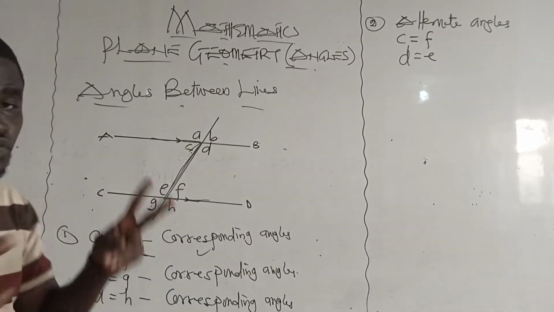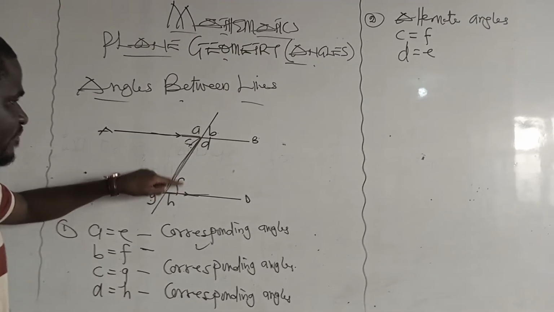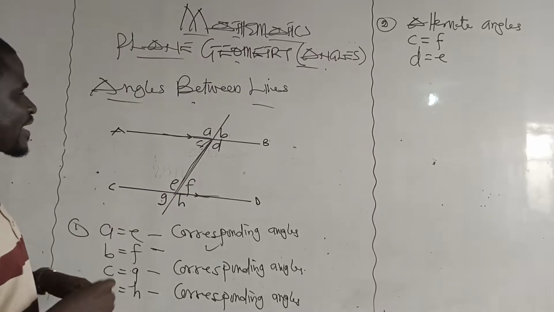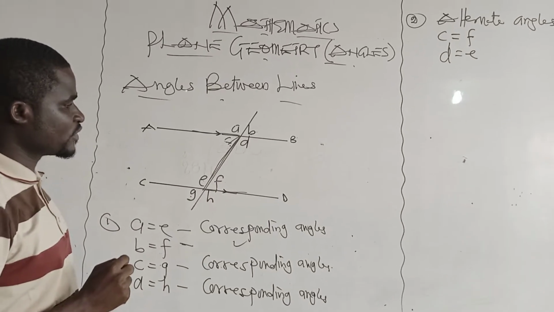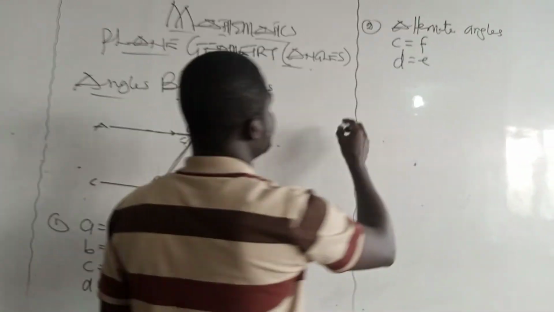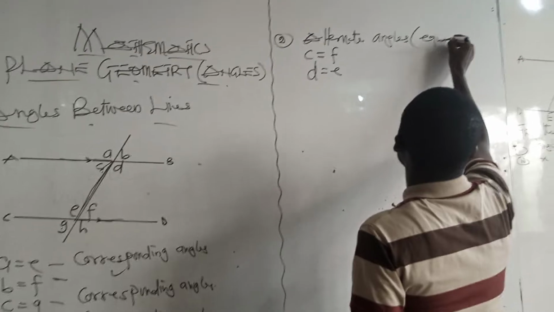So, we have only 2 alternate angles here. C and F. D and E. Because I can see Z here. Okay, good. So take note. So alternate angles are equal.